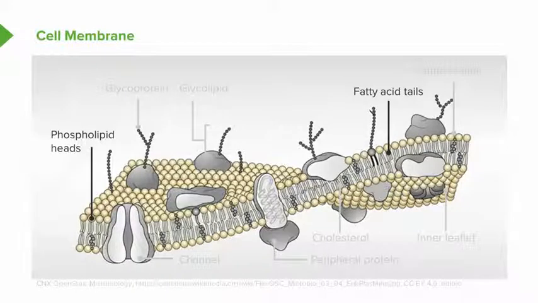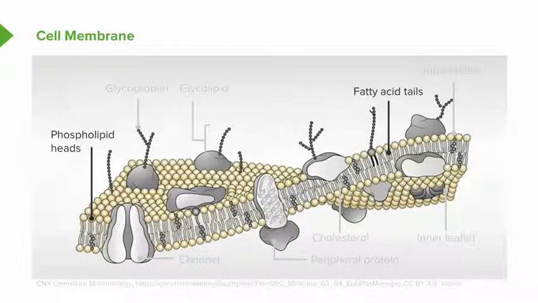First of all, let's look at the cell membrane shown in this image. It looks a very complicated image, but focus firstly on the little round circular structures you see making up the bulk of this cell membrane. It's a bilayered membrane, and those little yellow circular structures you see are the phospholipid heads that are polar and hydrophilic.